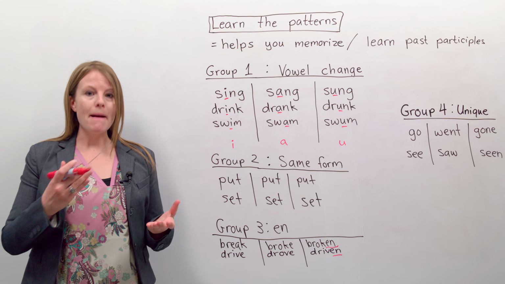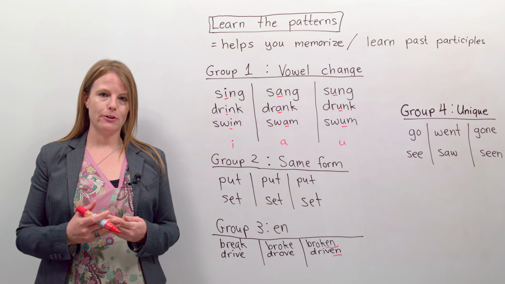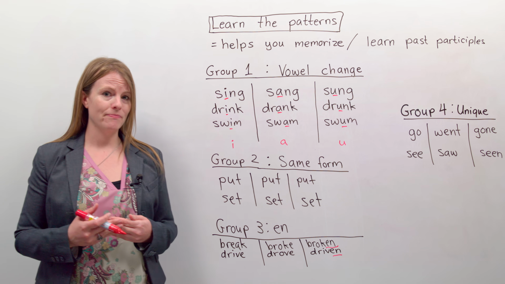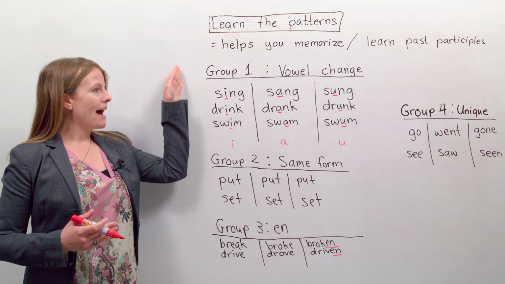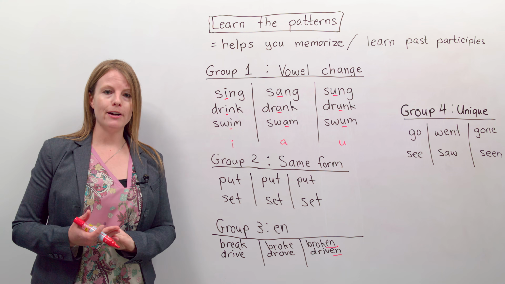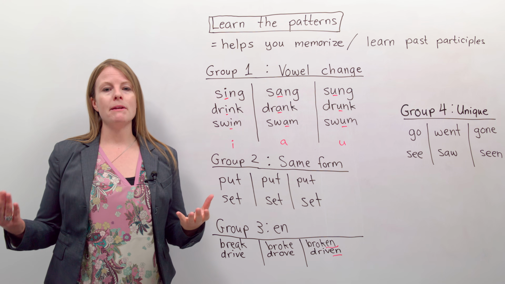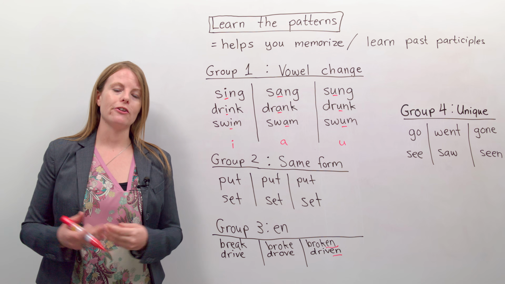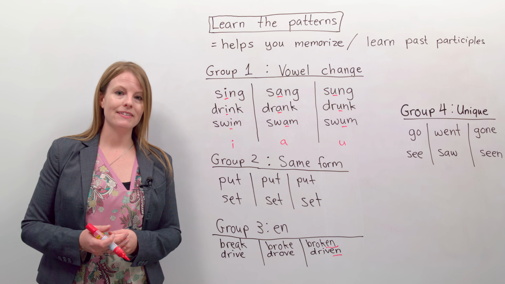But really, there are patterns for irregular verbs. So I'm going to show you some of those patterns right now. So here I have group 1, group 2, group 3, group 4. By learning the common patterns, it can help you memorize these irregular verbs faster.